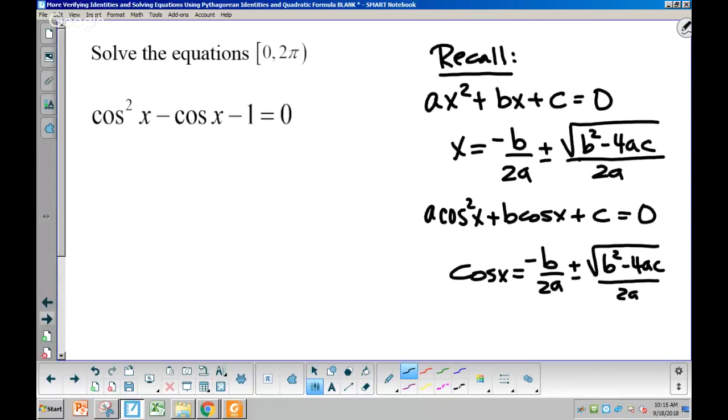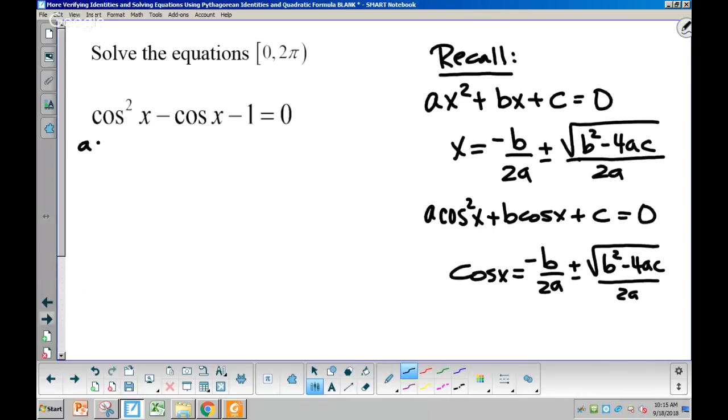So that's the only difference. You're going to take your trig function and say it is equal to the quadratic formula expression there on the right. Okay, so it looks a little awkward, but it works out very well. And in fact, I have a lot of people that prefer to do the quadratic formula instead of factoring. It doesn't matter to me, but I choose to factor if I can. I feel like I'm quicker at that.